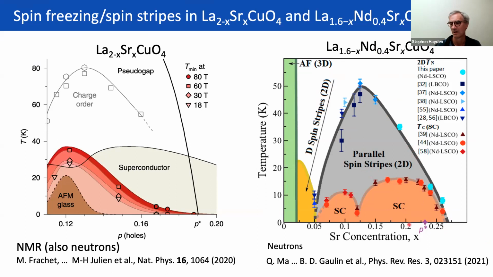People often show the neodymium doped and the LSCO in the same thing, but it is different, in that this spin order, parallel spin stripes, as Bruce has called it, exists up to higher doping here. Okay, so big difference.